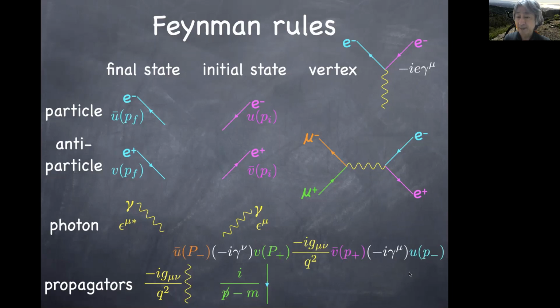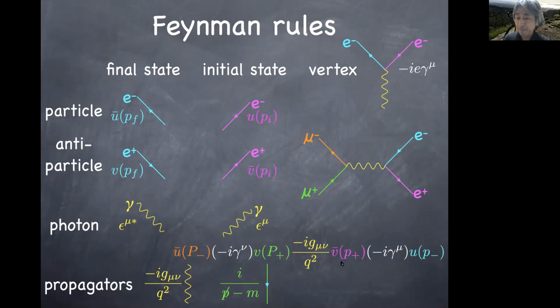So this is exactly what I said. I associate this positive energy solution for the initial state electron with momentum p minus. Here's the vertex, minus i e gamma^mu, and I forgot e in here. And here's the positron initial state, which is treated as the negative energy solution of the electron going backwards in time.